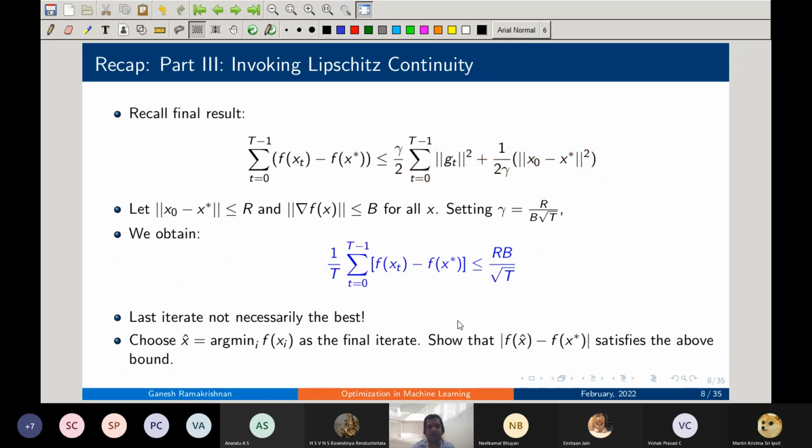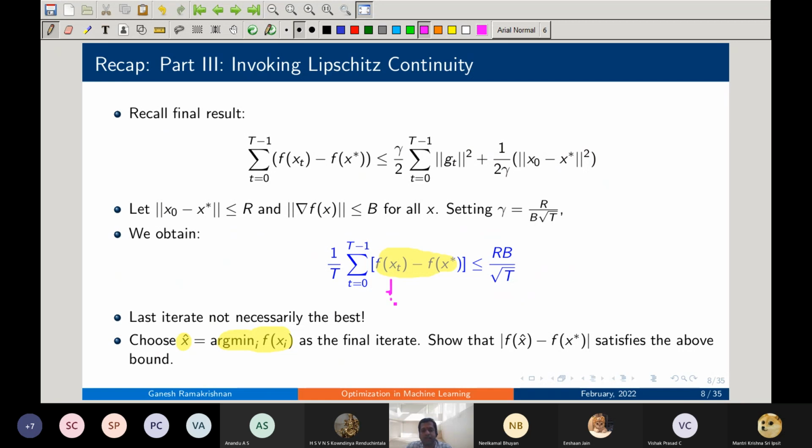Overall, then, we could go ahead and show that the left hand side, which had x_t minus x star, you can replace each of these with x hat, which is the argmin over i of f of x_i. You can replace it with f of x_i basically.